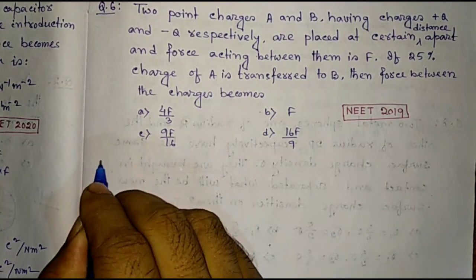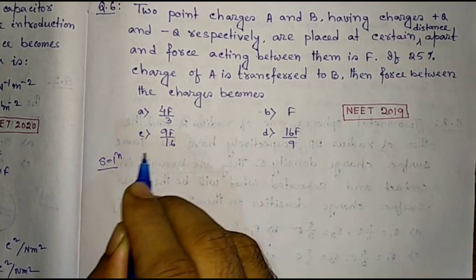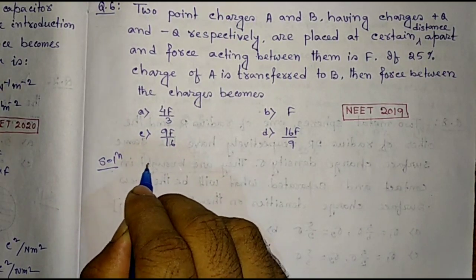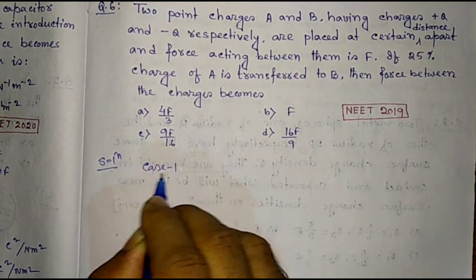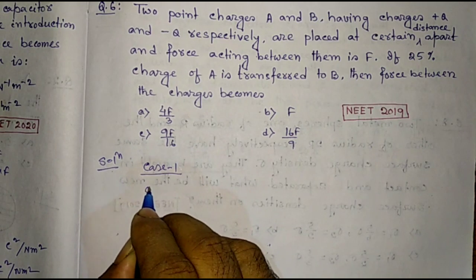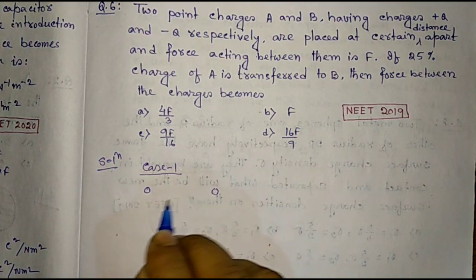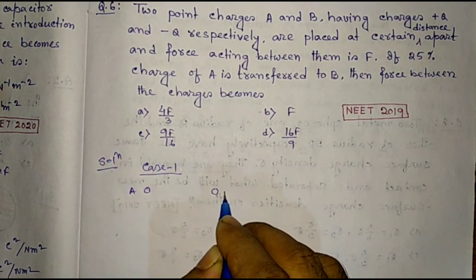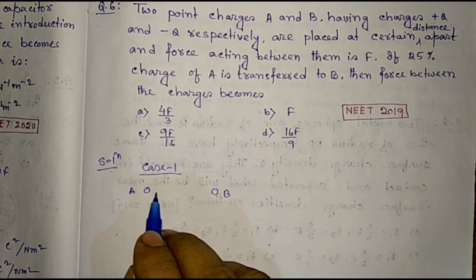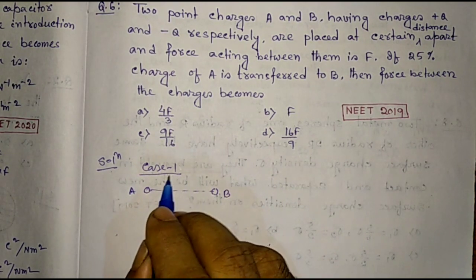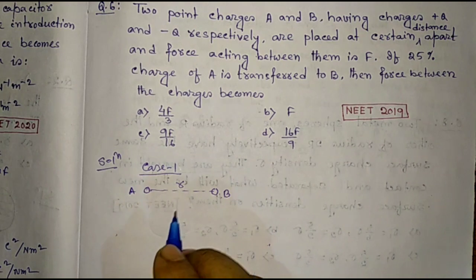So let's see. Suppose case 1, it is the two charges. This is charge A, this is charge B, and the distance between them is r, we consider.